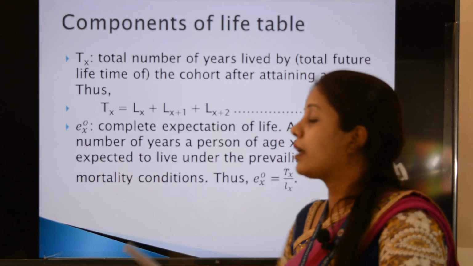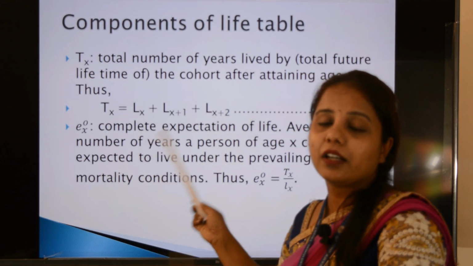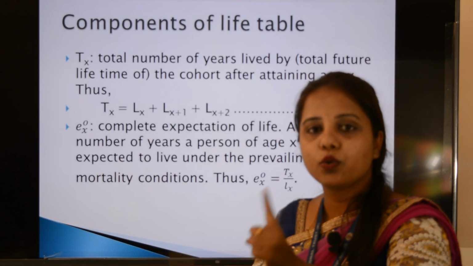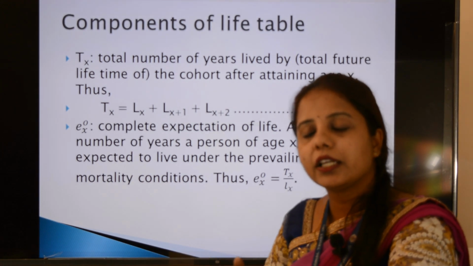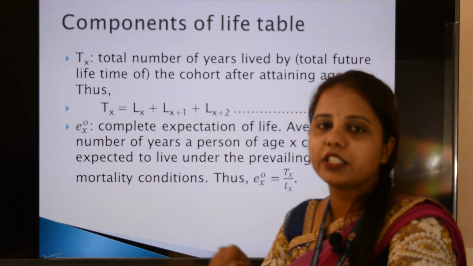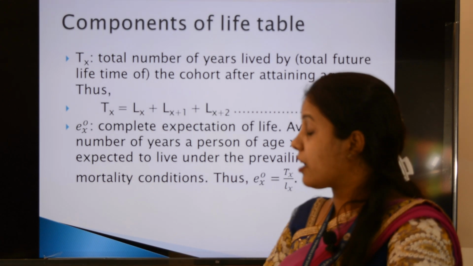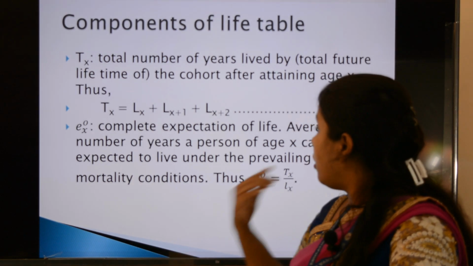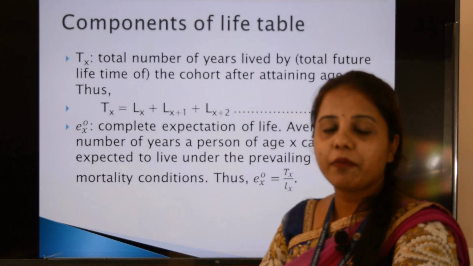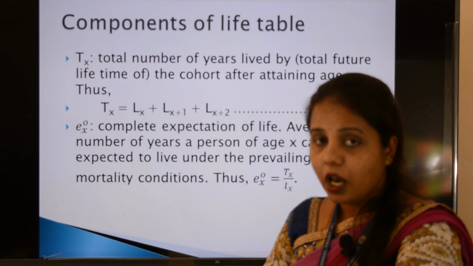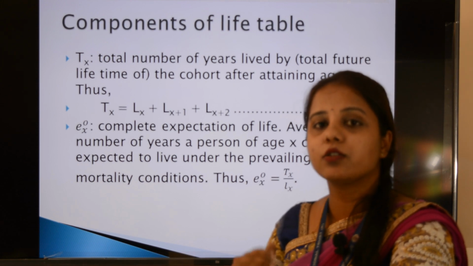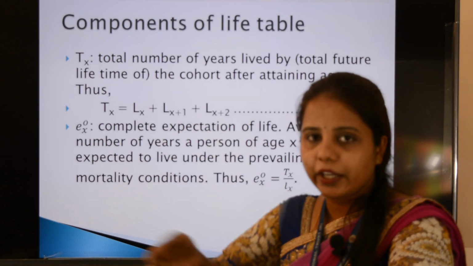Suppose I am calculating the expected life of a person at age 1 year, that means how many more years he is going to live after reaching 1 year. Suppose I am calculating expectation of life of a person at age 20, then it is how many years he is going to live after the age 20.